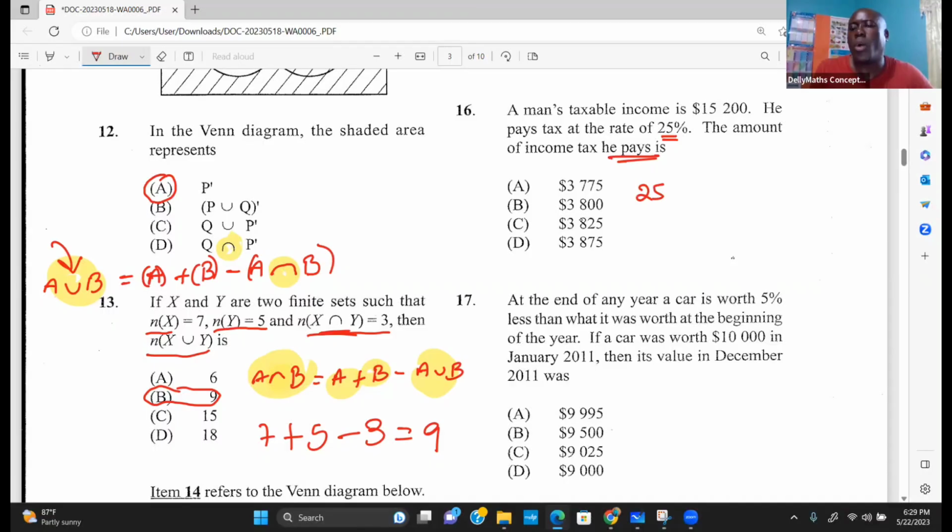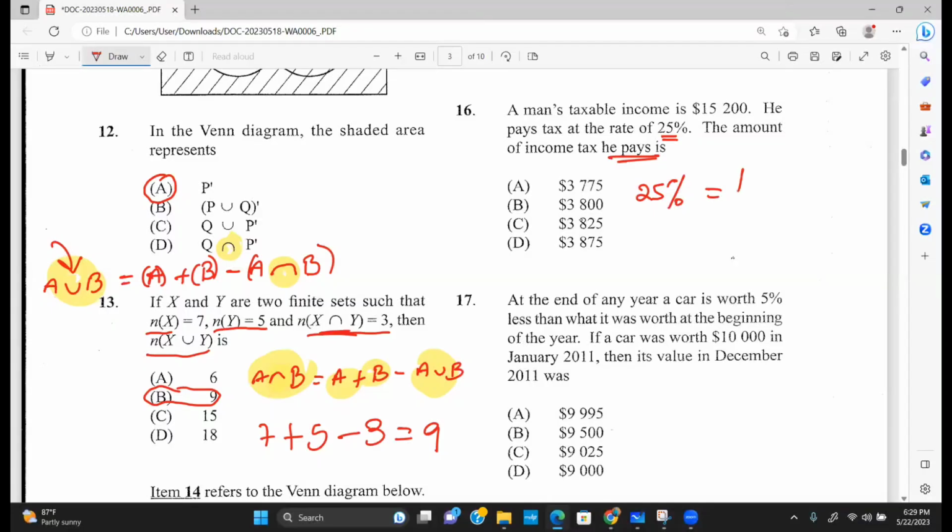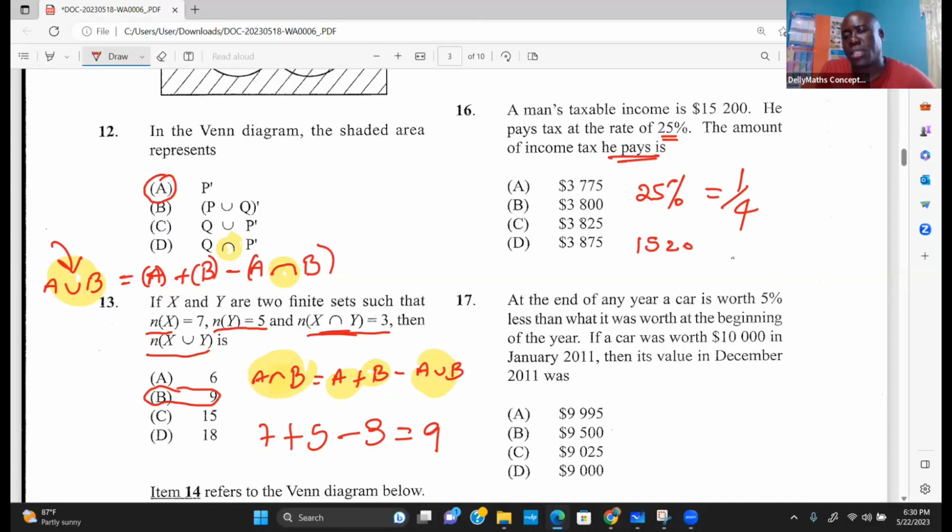Anybody want to tell me what 25% refers to? Quarter. Exactly. So CXC knows that you're not using a calculator, so they're not going to give you anything that you can't work. They're not going to give you 32% or 29%. You're going to get stuff like this. So 25% means a quarter. So all you have to do is divide 15,200 by 4.